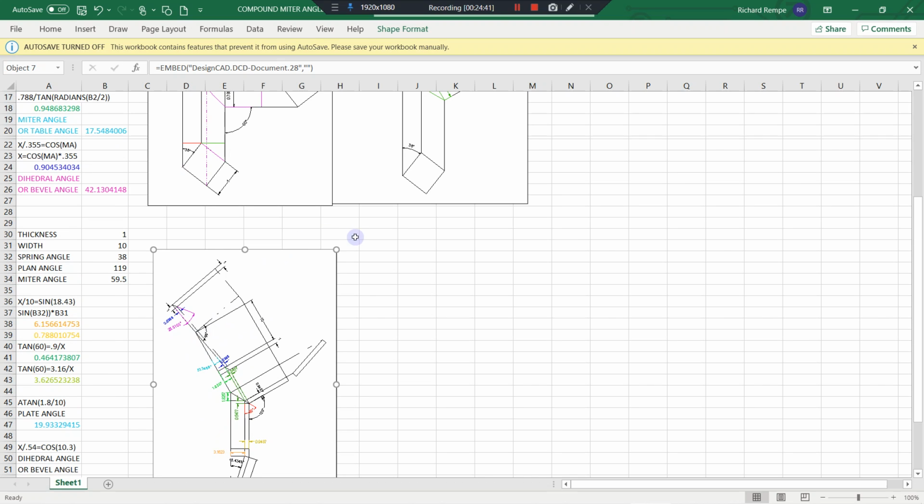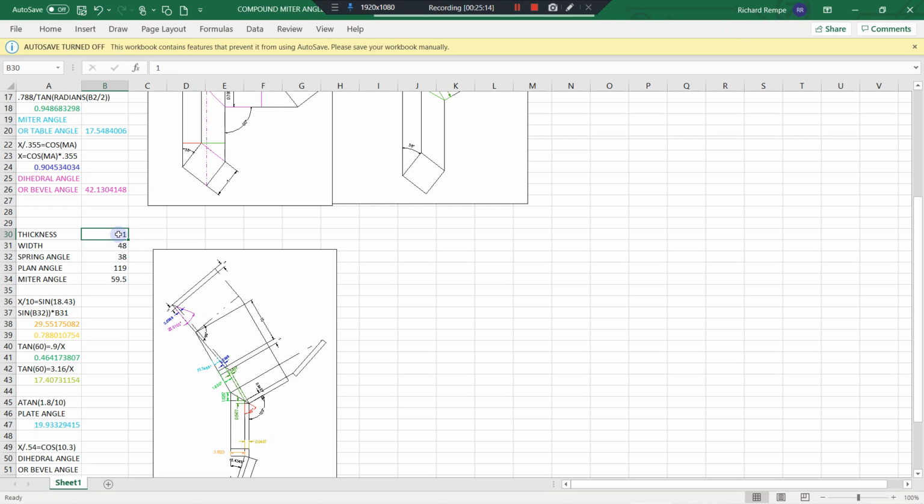That's how you develop a compound miter angle using the compass. So if you're cutting a large panel, you would know across the long side what the angle is. Like if it's a 4x8 sheet of plywood, let's do that. Let's make it 48 for the width, 48, enter, and then you would know spring angle's 38, right?